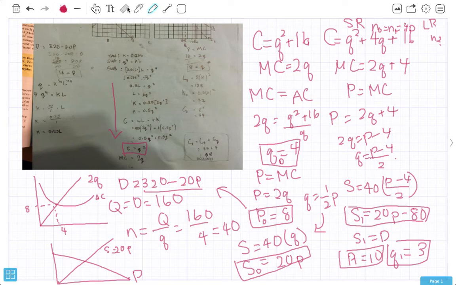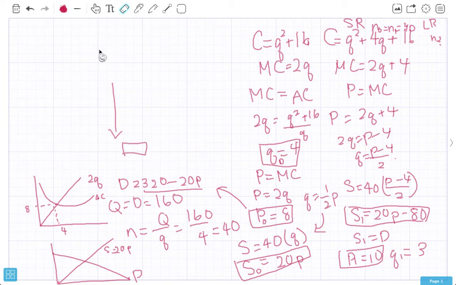Now, to get your long run, so I'm running out of space, so let me erase. Actually, okay, I'll use this space here. So for the long run, you'd have to solve for a new N2, the number of firms, because now it adjusts.